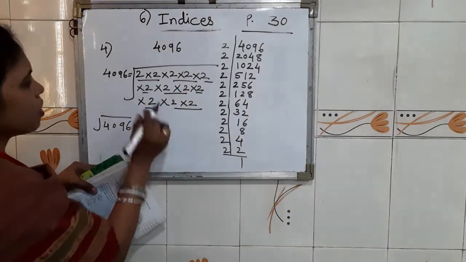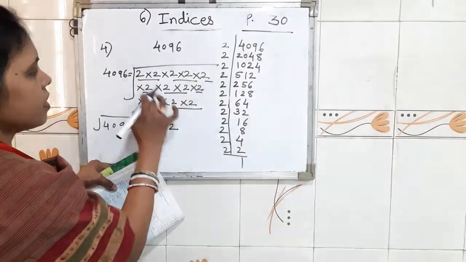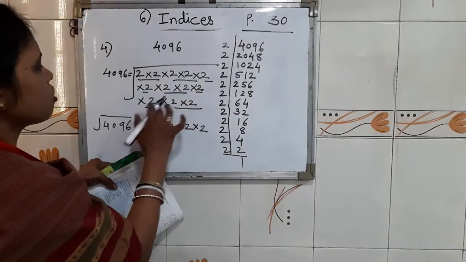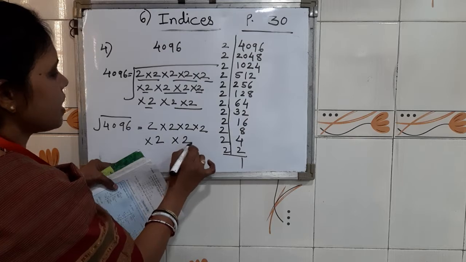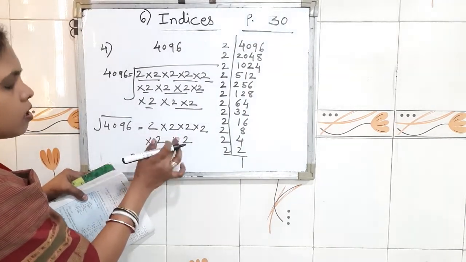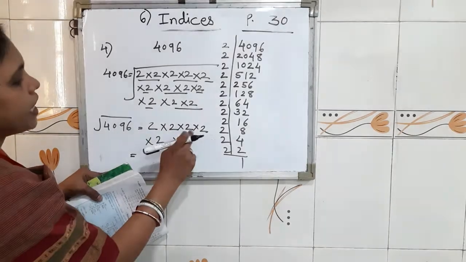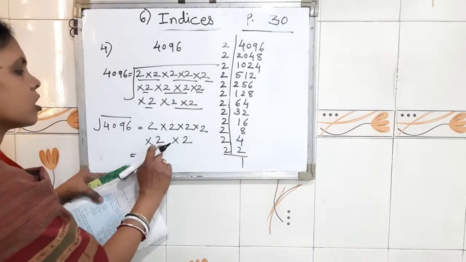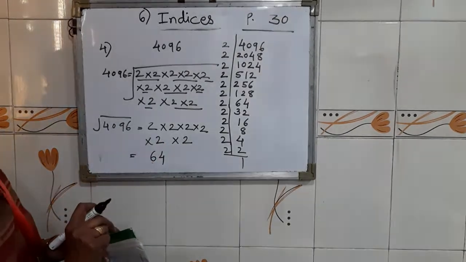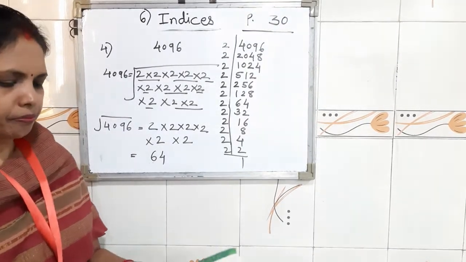So children, one pair of 2, second pair, third pair, fourth, fifth, and this one sixth. So we will multiply all the factors. 2 2s are 4, 4 2s are 8, 8 2s are 16, 16 2s are 32, 32 2s are 64. So children, the square root of 4096, you got the answer 64.